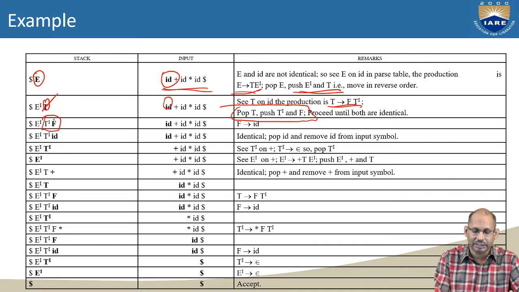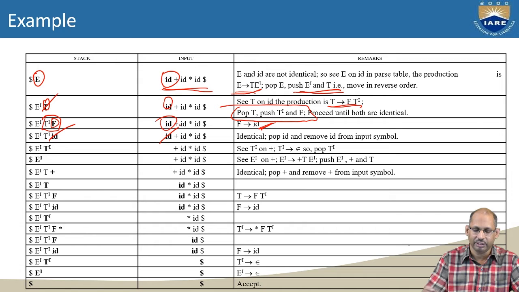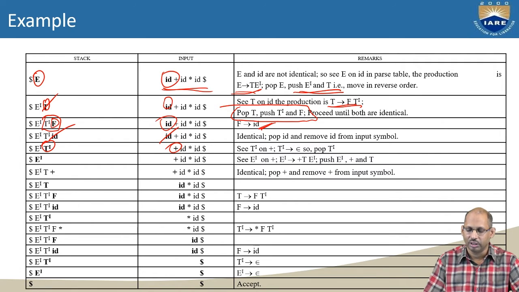Pop T, push T dash and F. Then consider F and ID, which gives ID. So pop F, store ID. So ID and ID delete. Now T dash and plus, which is giving T dash gives epsilon.